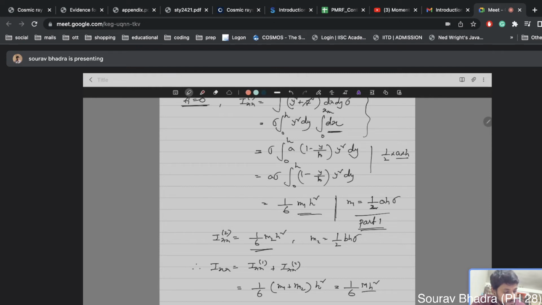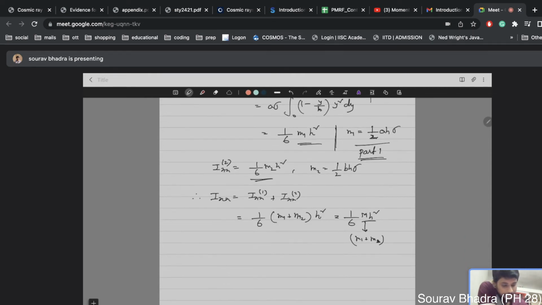So capital M is nothing but m1 plus m2, the total mass of this triangular lamina. So this is your ixx, 1/6 capital M h square, where M is the mass of the lamina and small h is the height of that particular triangle.